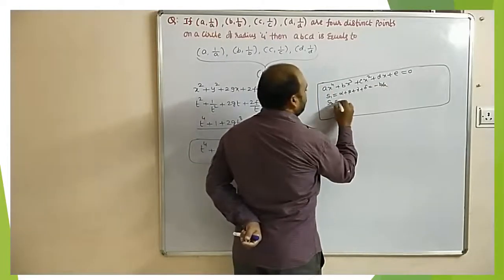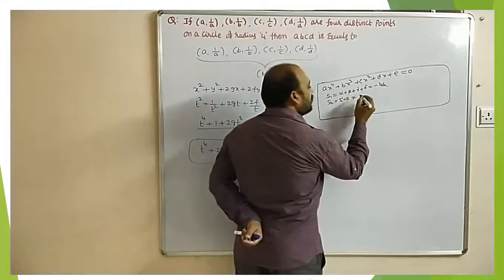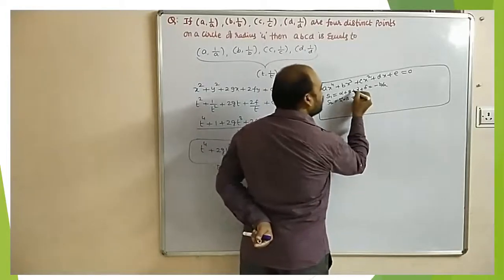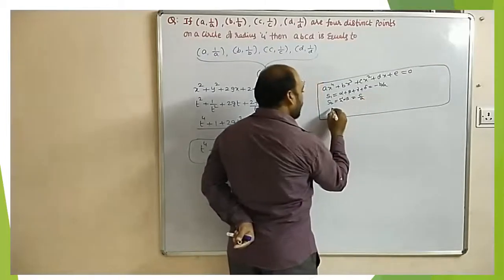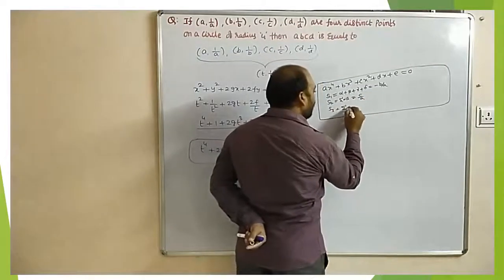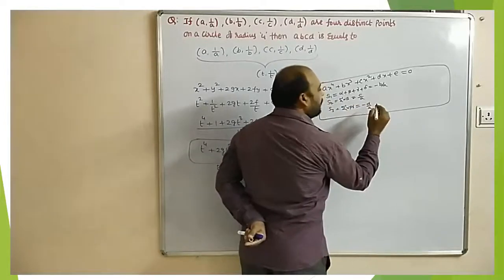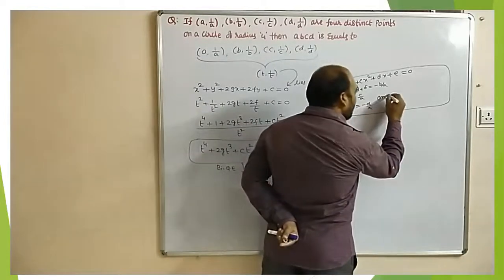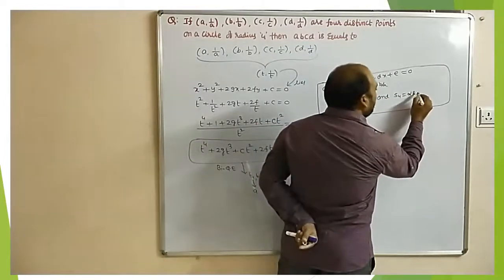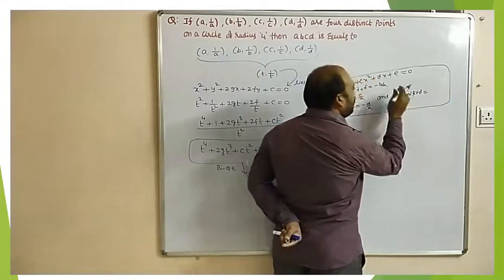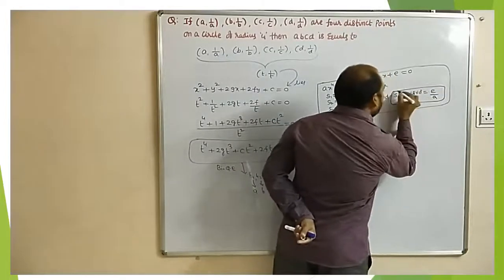Similarly, S2, the sum of the roots taken two at a time, equals c by a. And S3, the sum of products taken three at a time, equals minus d by a. But we want the fourth one, the product of the roots, S4 equal to alpha beta gamma delta, which is e divided by a, our required one.